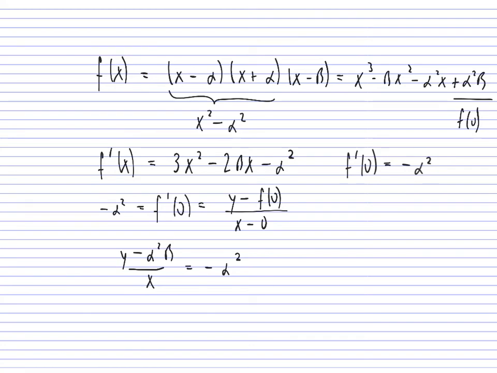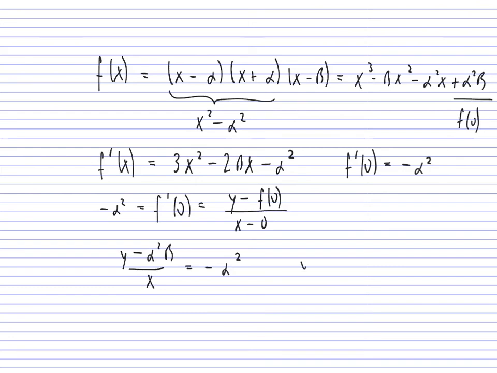And so, how do I prove now that this line goes to the third root? Well, I have to show that if y is equal to 0, so if I'm intersecting the x-axis, x has to be equal to the value of the third root.